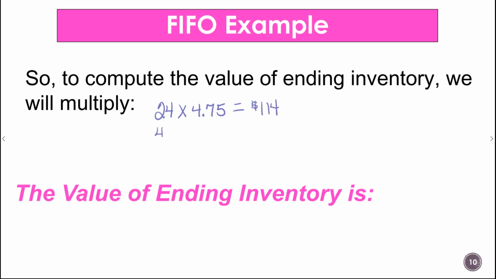Then I only needed 48 of the 50 on that next line of my inventory, and that's a total of $180. When I add these together, I get 72 hammers and $294. That is the value of ending inventory.